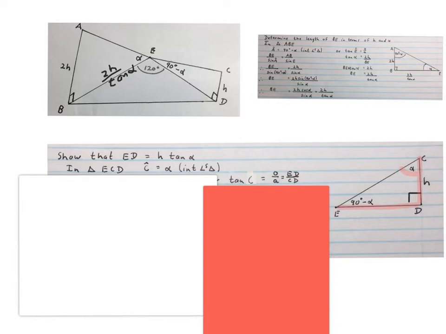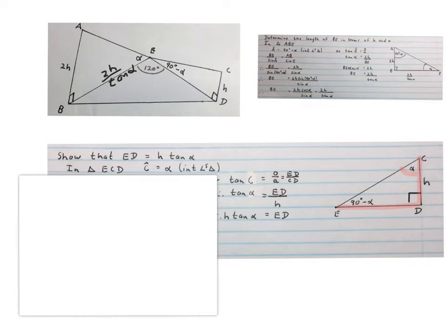One possible way of answering it is to say tan of angle C is opposite over adjacent, which is ED over CD. So tan alpha is ED over h. So ED is h tan alpha by timesing by the LCD. Please stop the video and get your brain around this technique.